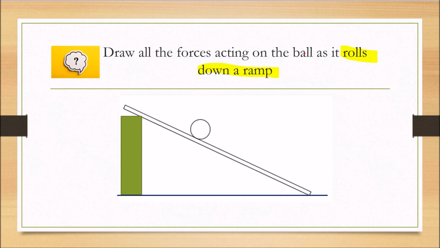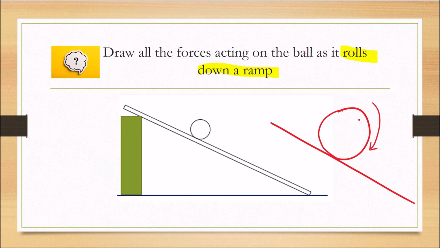Okay. So now this board, in order for it to roll downwards, maybe I just draw a bigger version somewhere here. So for this ball to go down, we expect the ball to actually be rolling this way, right? So this is the motion that the ball should be rolling in order for it to go down the slope.